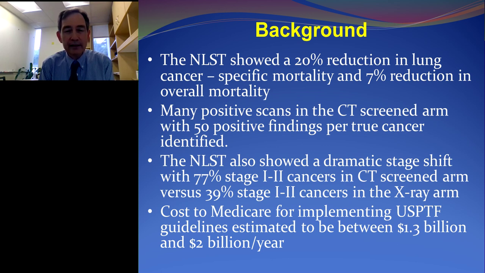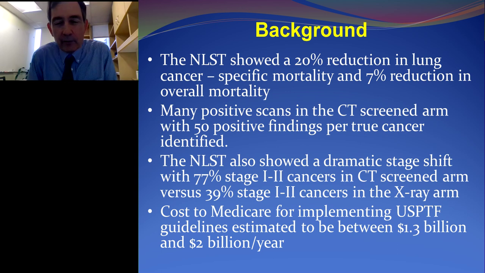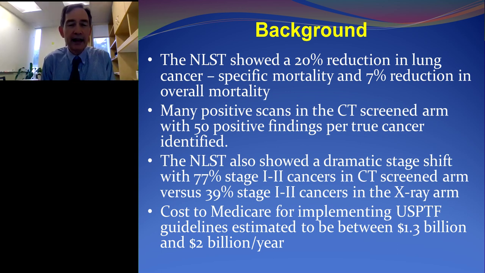This is a relatively unusual case in which screening and early detection actually reduced overall mortality, not just the cause-specific component. There is also a dramatic stage shift, so more cases were detected at earlier stages. That means we will be detecting more early stage lung cancer as screening becomes more prevalent.